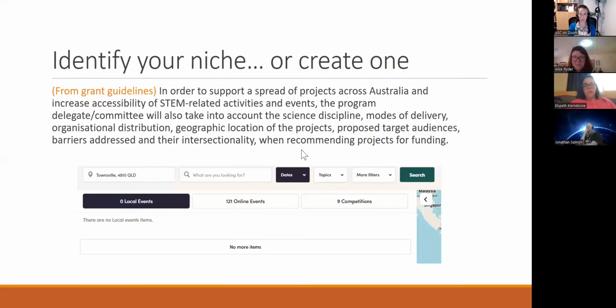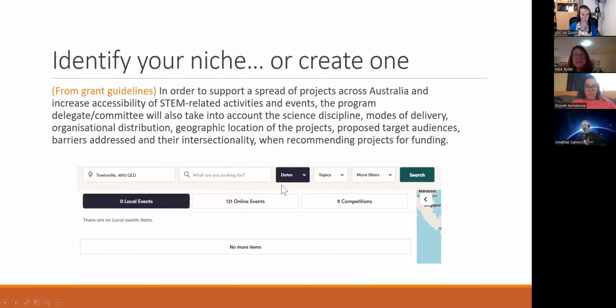And one of the best ways to find a niche, to see if your proposed event is going to be different and be something that will fit beautifully into the mix or the mosaic that they're trying to build, is to jump online to the National Science Week website, look for what events were held last year in your area or about your topic, and see if there's lots of them or only a few of them. I asked Jeff Crane very nicely, and he's actually turned it back on.